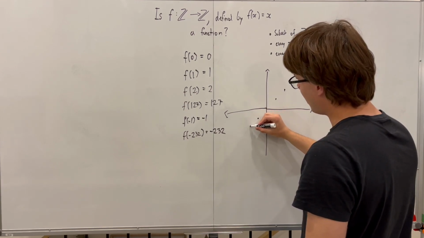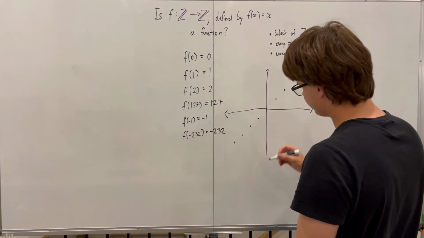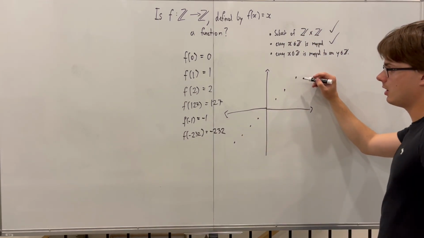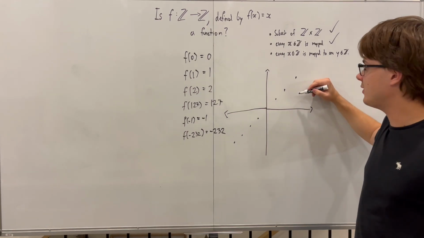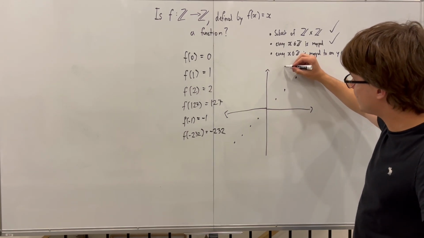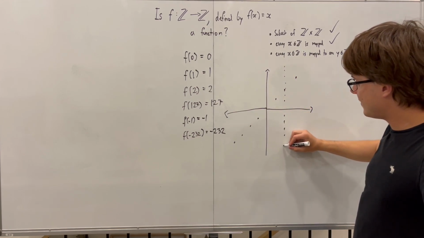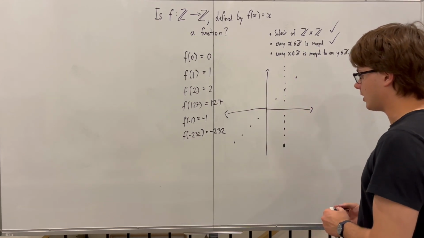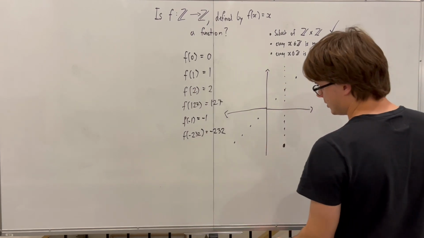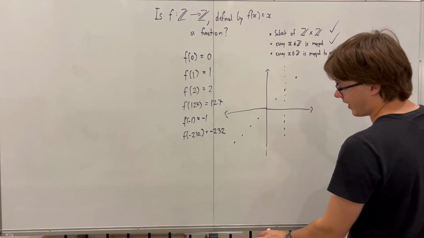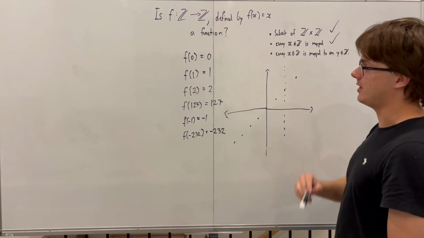But if you were to draw this, you would notice that the dots don't seem to be on top of each other, because the vertical line test you want it to pass is that if I draw a vertical line over any dot, there isn't going to be some other dot down here that's going to cross. It should only cross one dot here. And that does in fact appear to be true for this case.